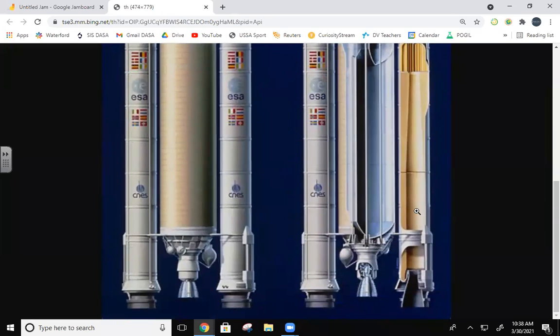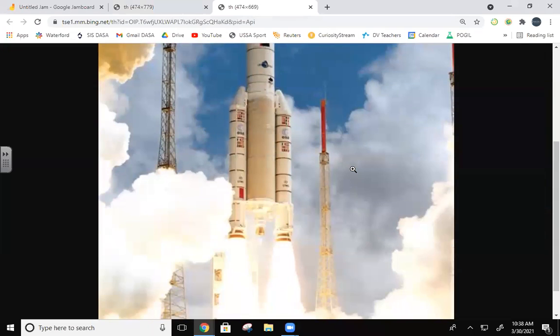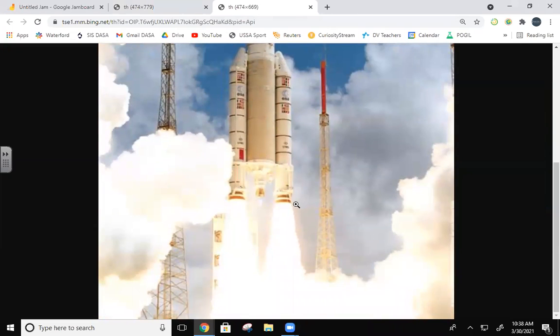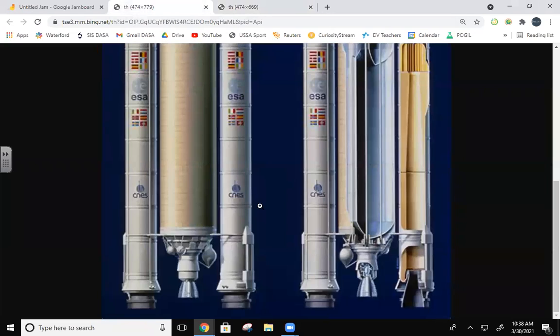And solid rocket boosters are nice because you just light them and they go, right? It's really oversaturated in the projector, but pretty cool. Very, very powerful, these side boosters.